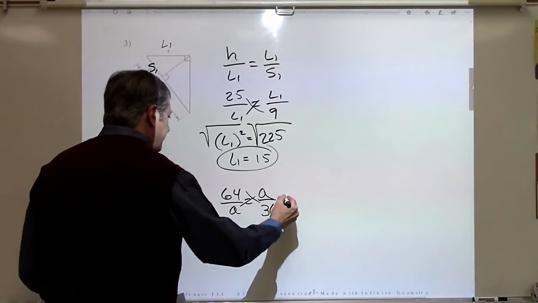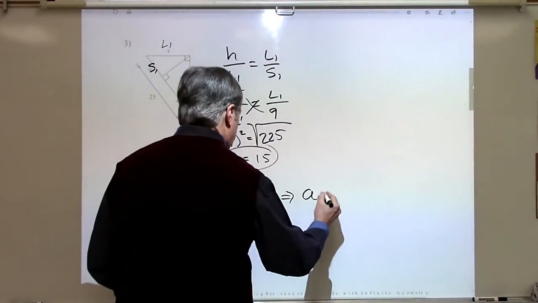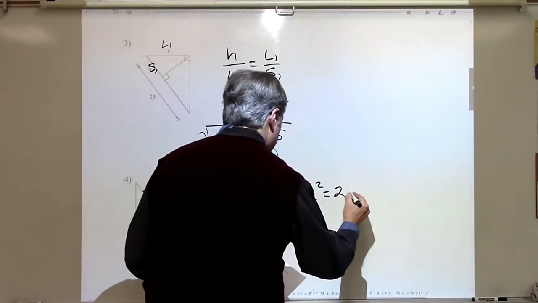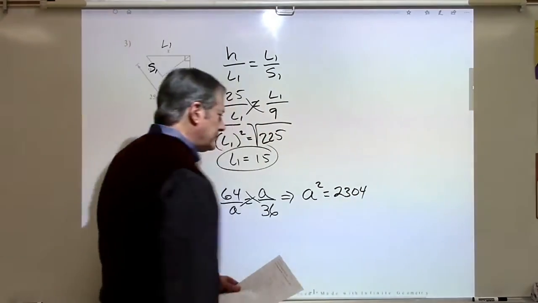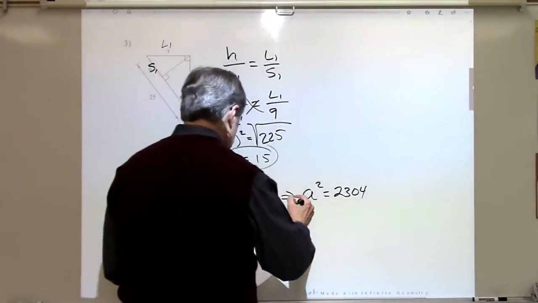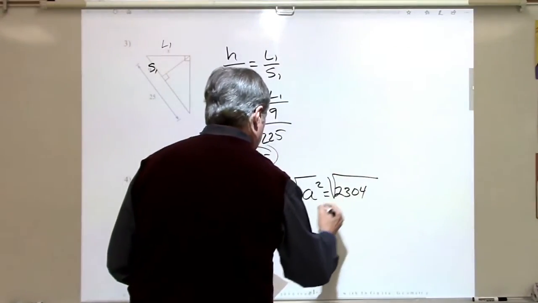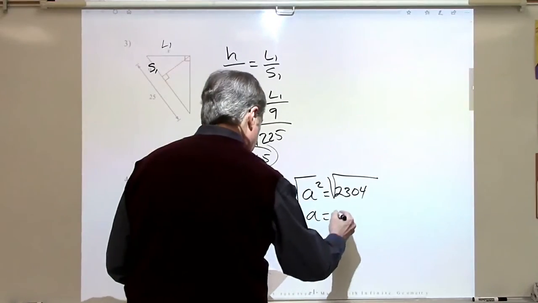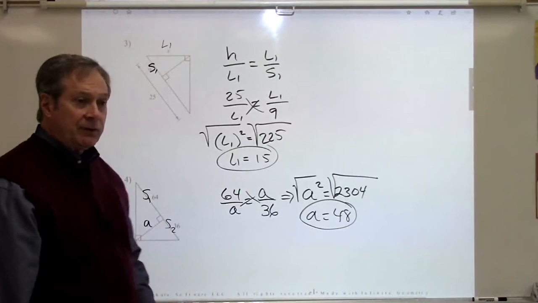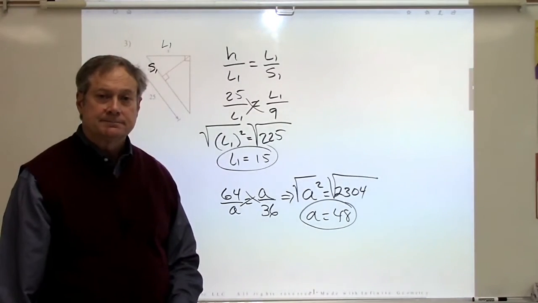Cross multiply, we get that the altitude squared is equal to 2304. And now we're going to take the square root of both sides. And when you do, you'll get that the altitude is 48 units. And that's 3 and 4.